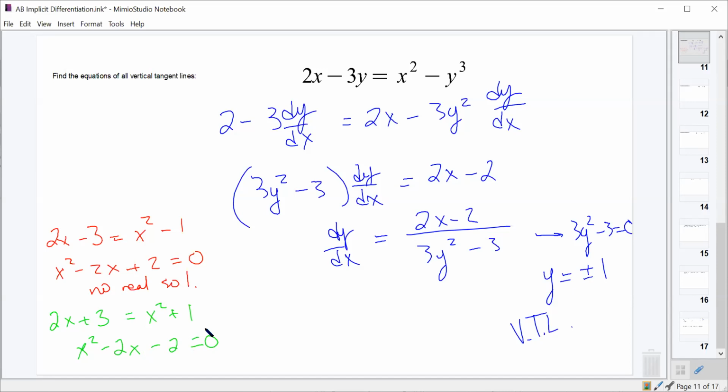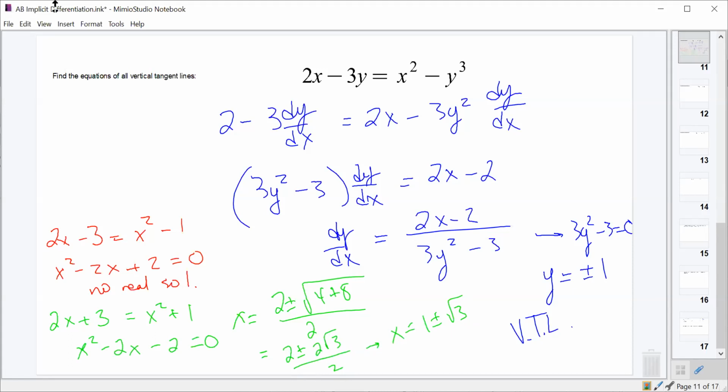It gives us x equals 2 plus or minus the square root of 2 squared, which is 4, minus 4 times 1 times -2, so 4 plus 8, all over 2. If we simplify that down, root 12 is 2 root 3, so x equals 1 plus or minus root 3. Everybody good with that?